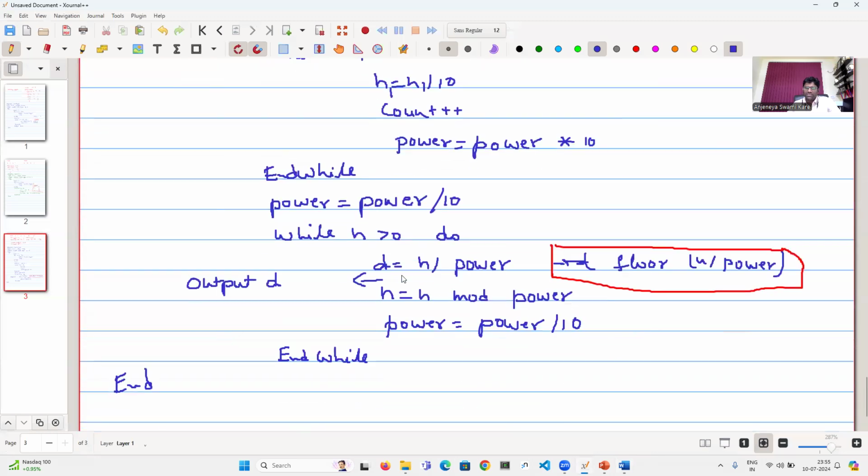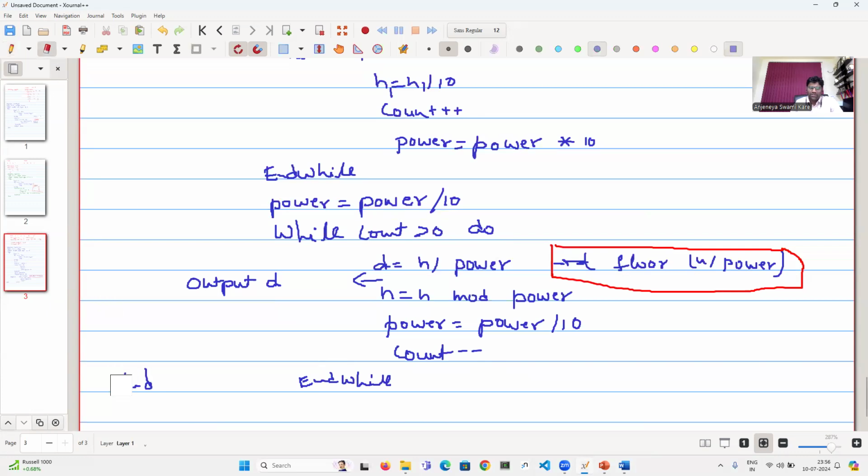So let me modify this while condition. While count greater than 0. So count should be decremented.